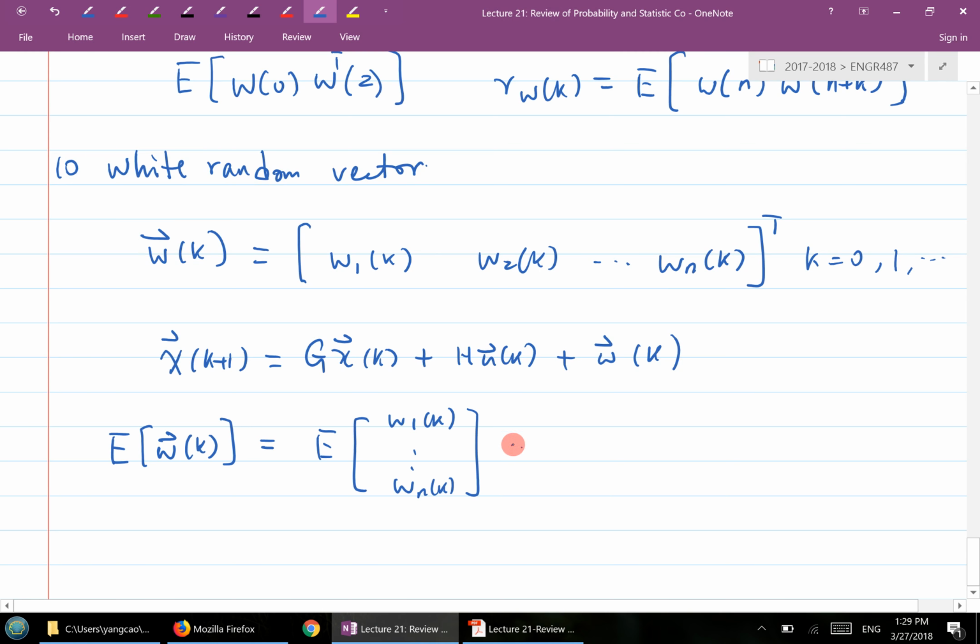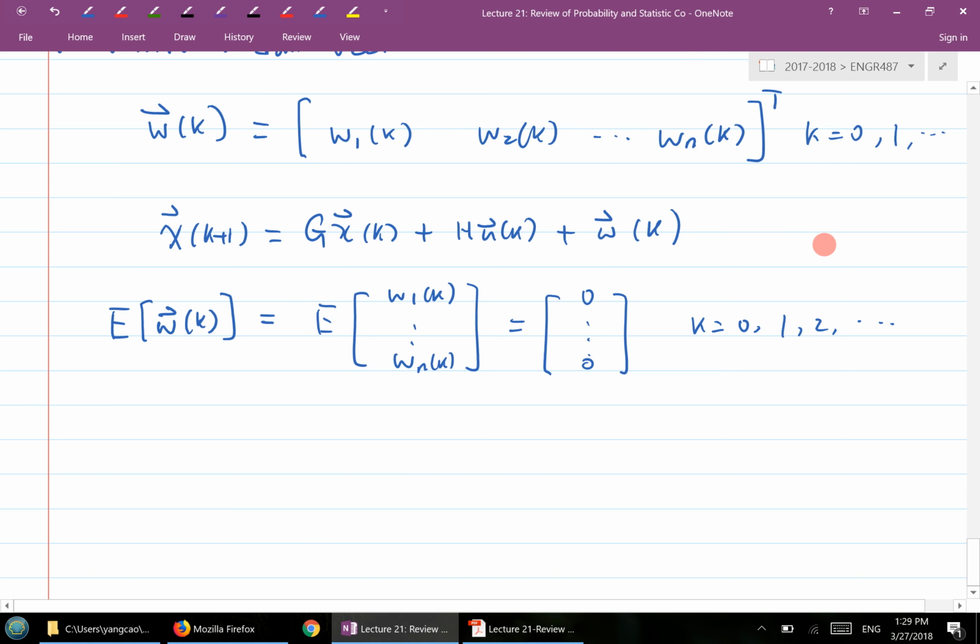Since we're talking about white noise, all of them will have 0 here, and it doesn't matter what k value you take. It's all going to be 0. So, zero-mean white noise.